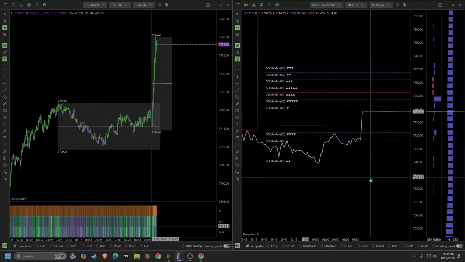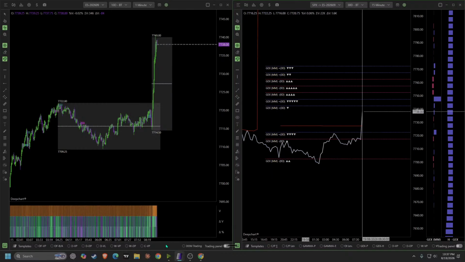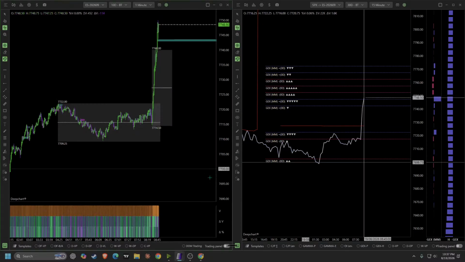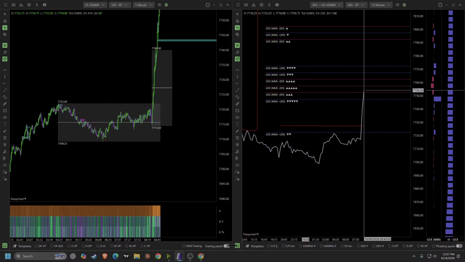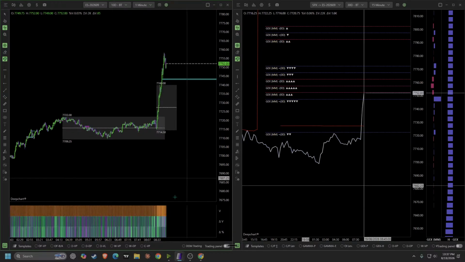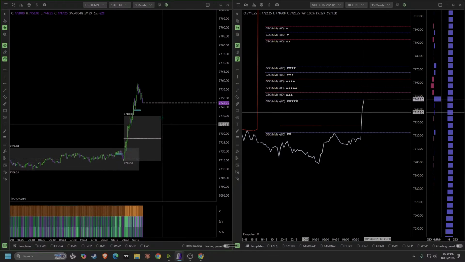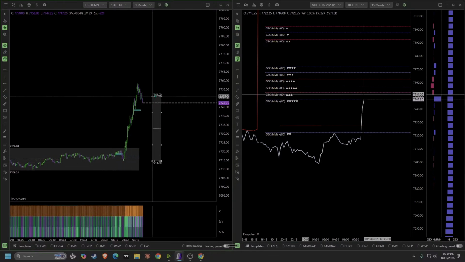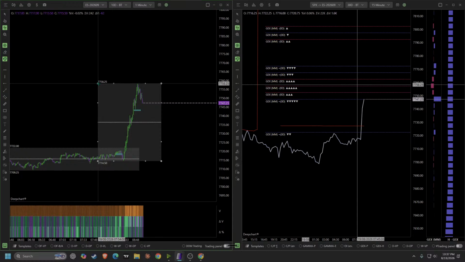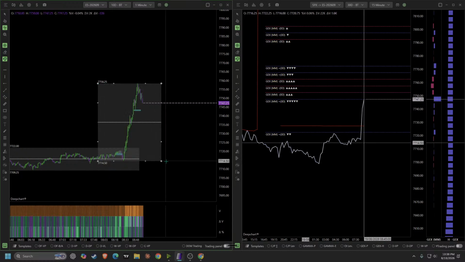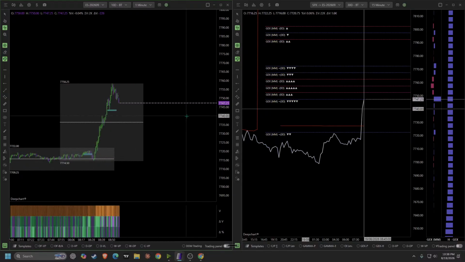So price moved up to this GEX level. Let's keep playing. We're at 854. Let's go ahead and pause it again. Range is massive. Okay, so it's 43 points, 42.75 points, massive range.